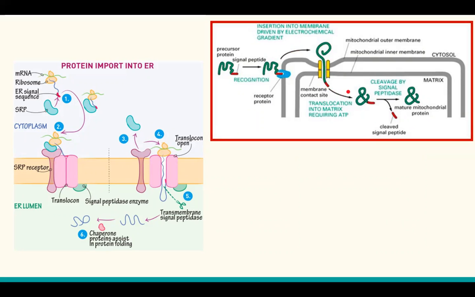Once it's on the inside, that sequence is cleaved off, and it enters the mitochondria unfolded. Once it's inside and it's safe and can't go back out, the signal sequence is cleaved, and then it is properly folded into its tertiary structure. Yeah, that makes sense. So that's when those chaperone proteins come inside the mitochondria to help it refold.